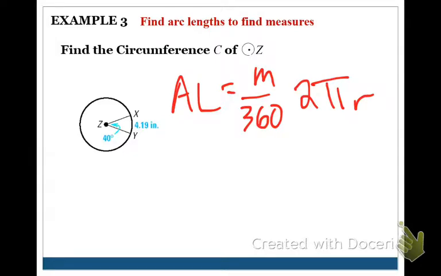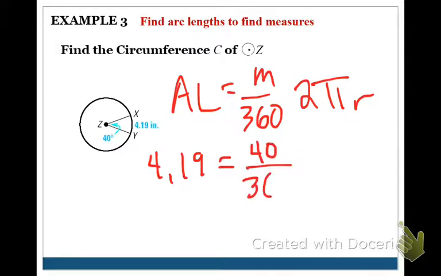And then we plug in, so arc length is given as 4.19 is equal to 40 over 360, and then 2 pi r is what? What is 2 pi r? It's the equation for what? Circumference. So we plug in c. Then we solve for c.